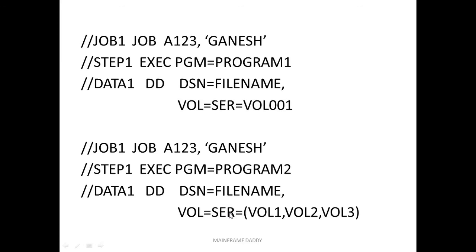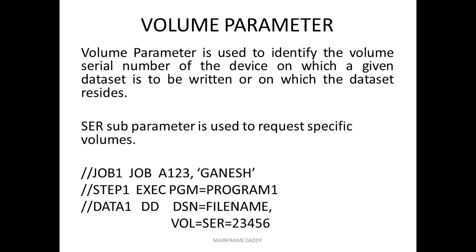In the next example, VOLUME equal to SER equal to VOL1, VOL2, VOL3. If our file is going to be spanned and stored across multiple volumes of devices, we can code like this. Coding the volume will make access faster, and we can perform a read or write operation at a faster rate when we specify the volume information.